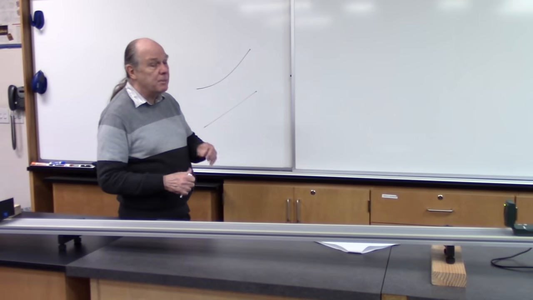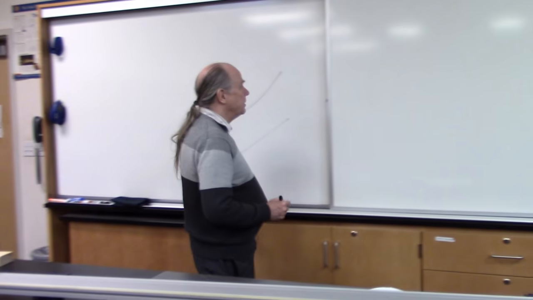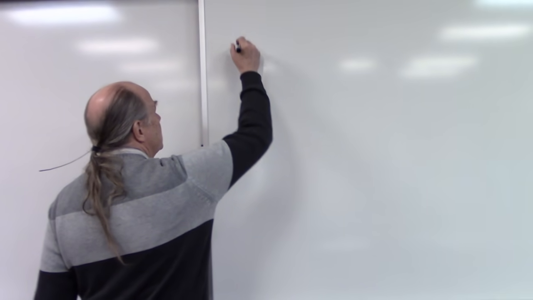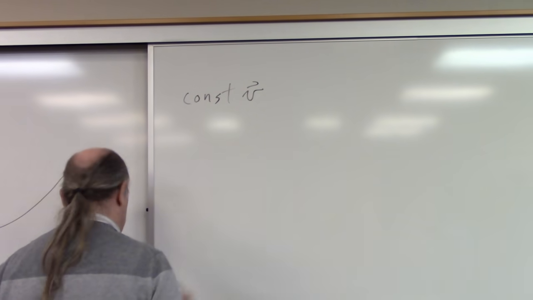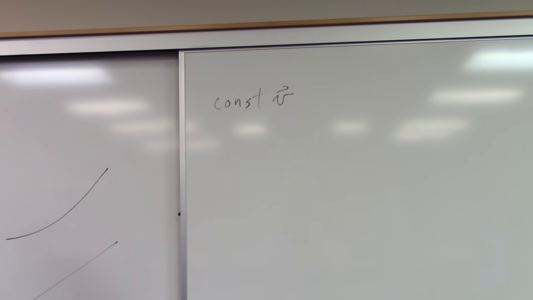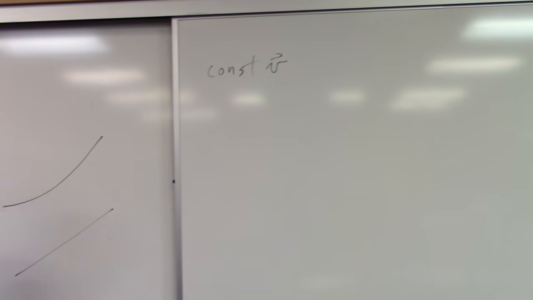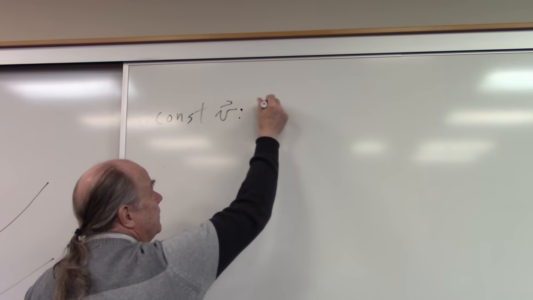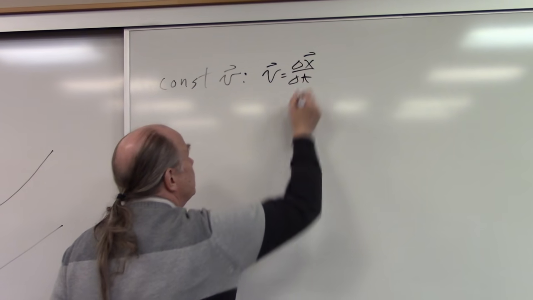Okay, a couple things that I just want to write up here to remember. For constant velocity, we have v equals delta x over delta t.